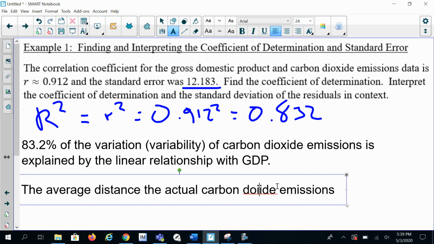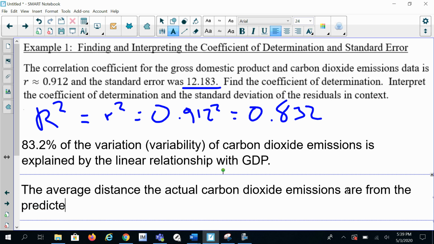All right, the average distance the actual carbon dioxide emissions are from the predicted carbon dioxide emissions is 12.183, and I don't remember what the units were.